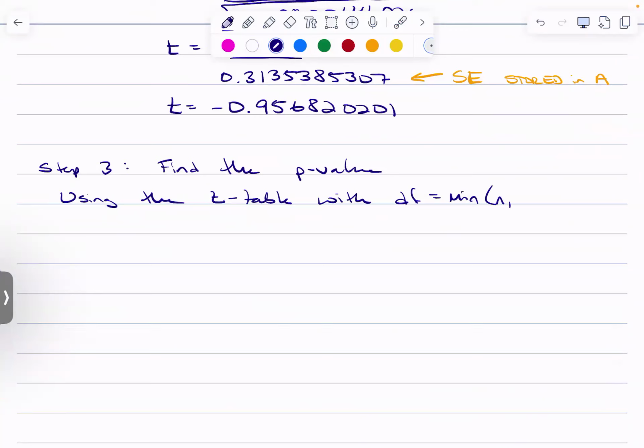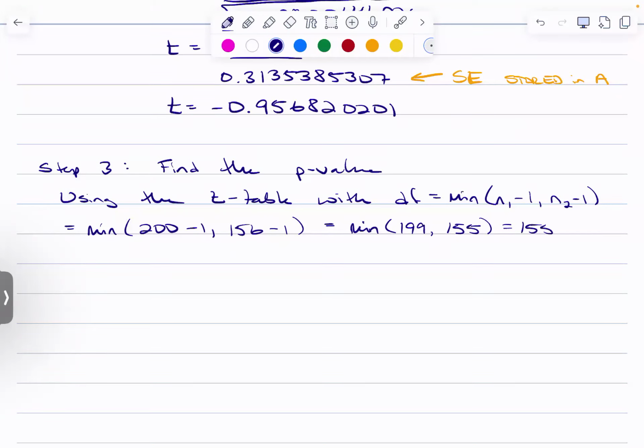Minimum of n1 minus 1 and n2 minus 1, which is the minimum of 200 minus 1 or 156 minus 1, which is the minimum of 199 and 155. Well, the minimum of 199 or 155 is 155. But I also happen to know there's no 155 line on my t-table.